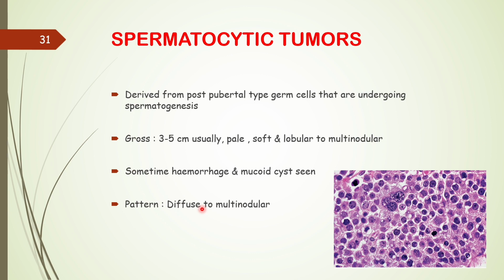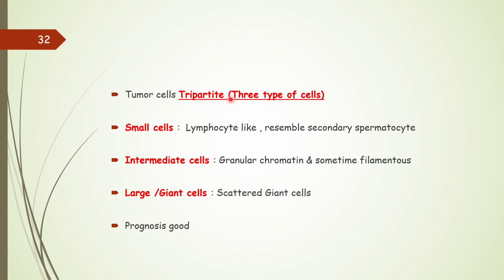Now, what is the important photomicrographic appearance of spermatocytic tumor? How is it diagnosed? It is diagnosed by the tripartite cell population, meaning they contain three types of cells: small, intermediate, and large. The small cell is like a lymphocyte and resembles a secondary spermatocyte.